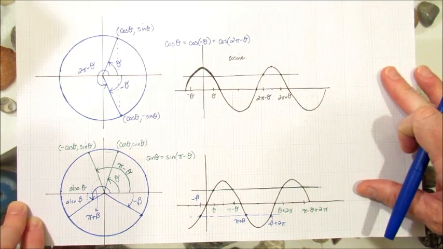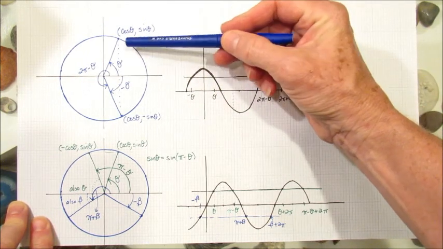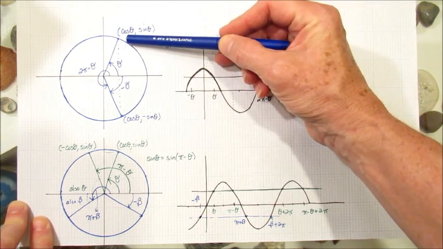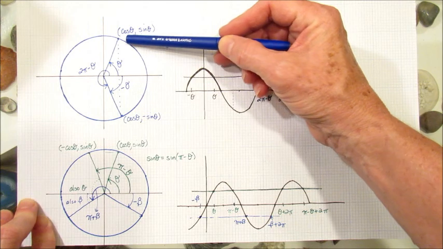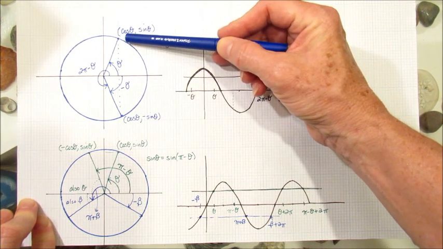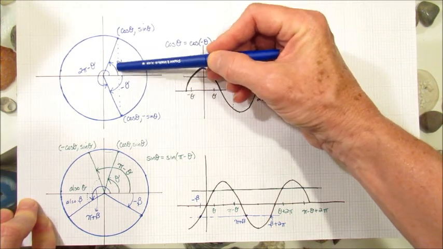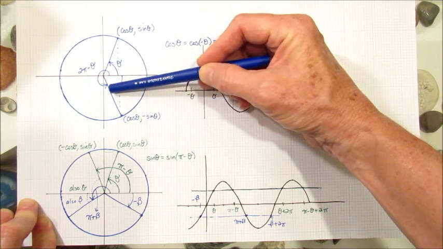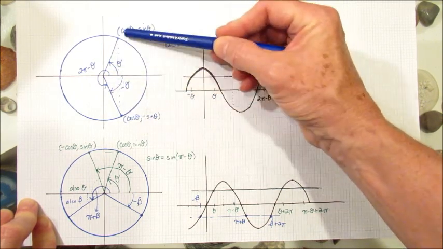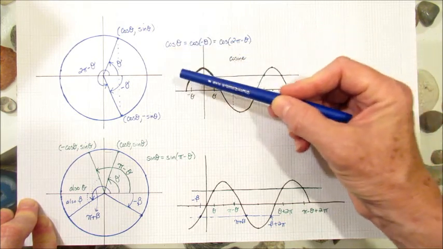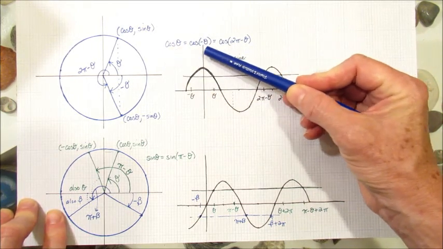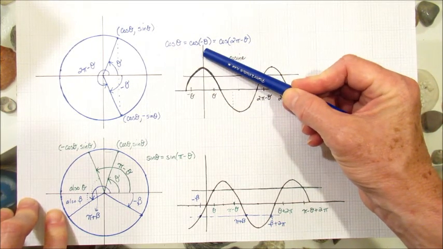Now, if you're working with cosine, remember cosine's the x coordinate as you rotate around the unit circle. The x stays the same whether I rotate positive or whether I rotate negative. So notice the x stays the same, and so cosine of theta is equal to cosine of negative theta.